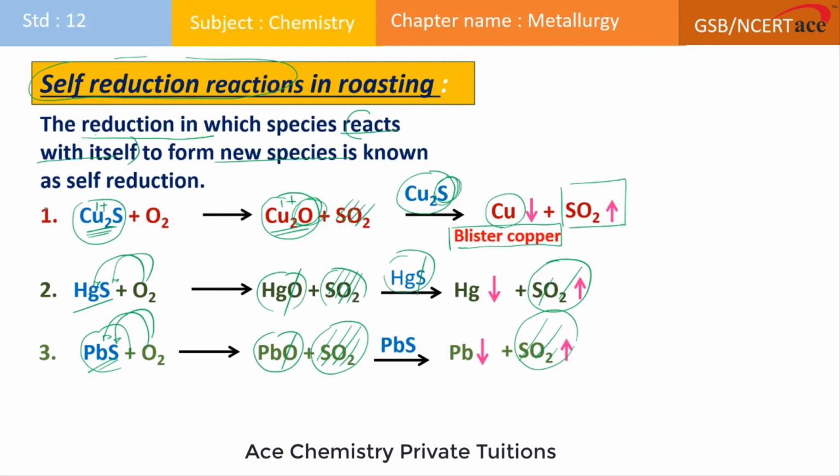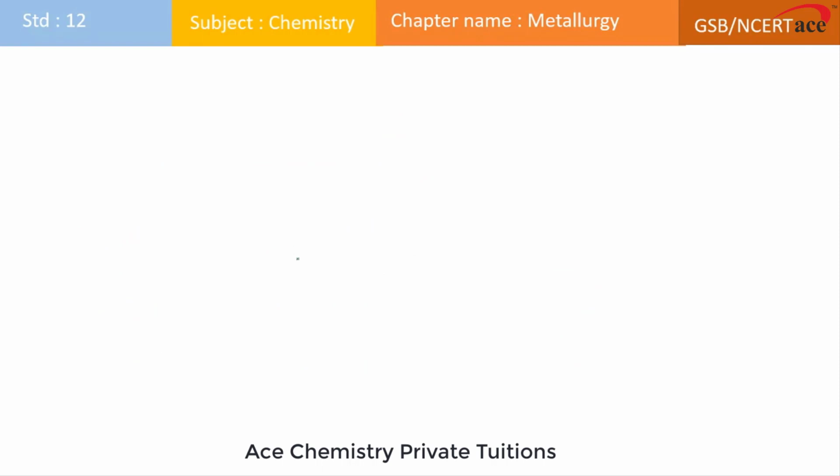So in all these processes, if you will see, we are not adding any external reducing agent, but during the roasting process only the sulphide ore is acting as reducing agent, and it reduces oxide ore into what? Impure metal. So this type of process sometimes takes place in roasting, which we refer to as what? Self-reduction reactions.